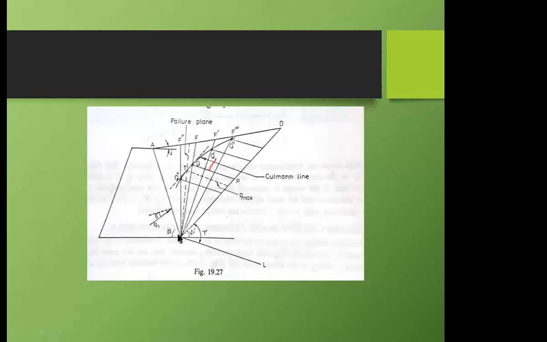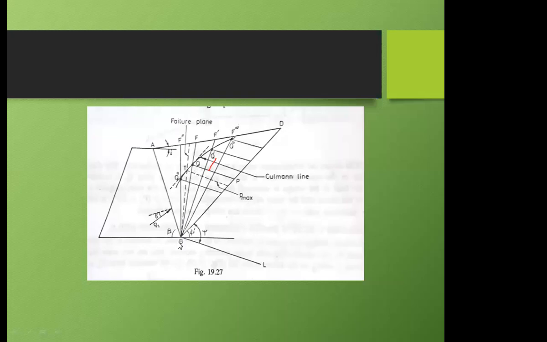So there is one more step. You need to draw one more line, which is parallel to BD. You can see this dotted line.